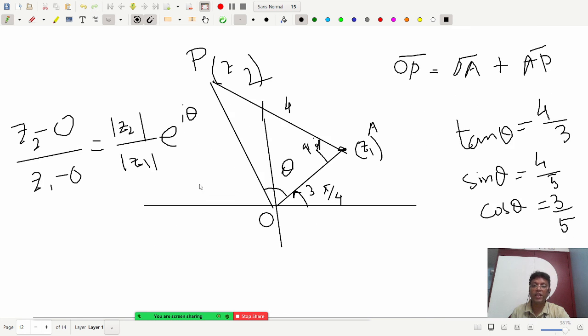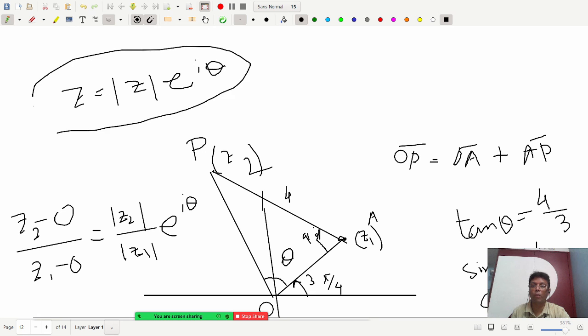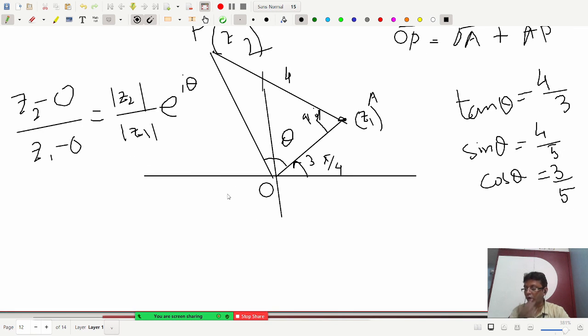Because any complex number can be written as z equals modulus of z into e to the power i theta, that is the polar form. I don't know the modulus of z2, you have to find out z2. Modulus of z2 is 5.